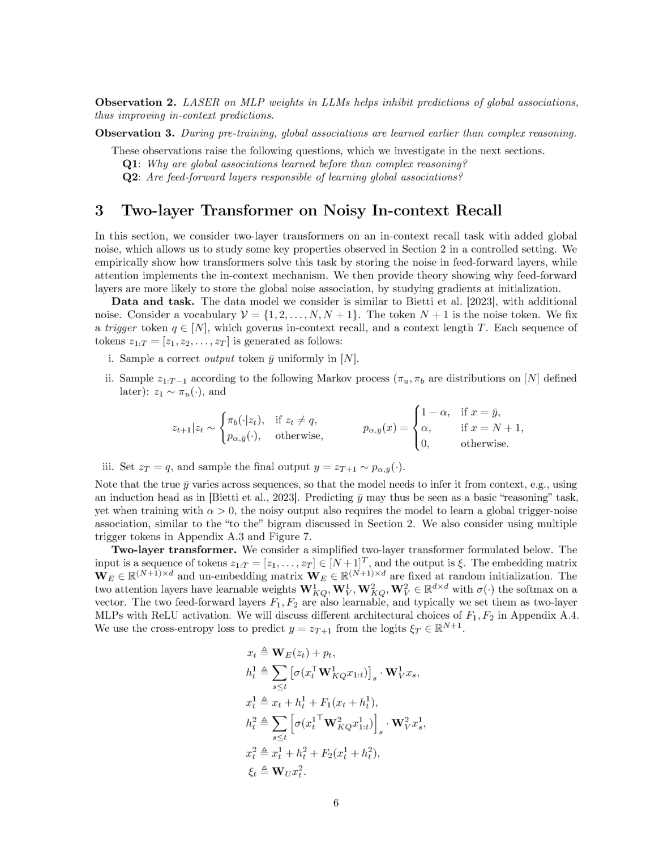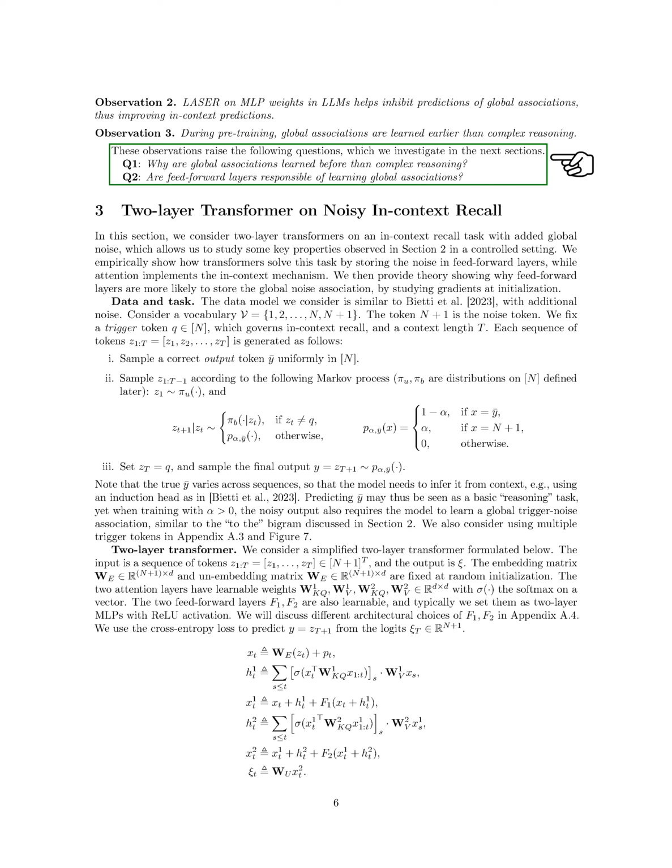By applying LASER to weight matrices of MLPs in deeper layers with an optimal rho value below 0.2, we observed improved model predictions by shifting from generic words to context-based answers. LASER helps inhibit global associations in LLMs, leading to better in-context predictions, and during pre-training, we found that global associations are learned earlier than complex reasoning, prompting further investigation into this phenomenon.